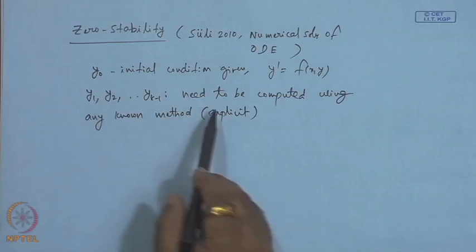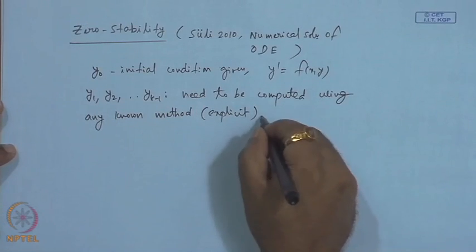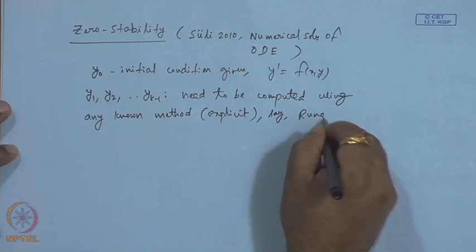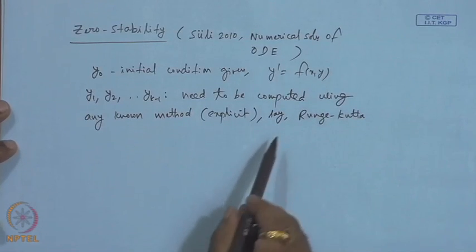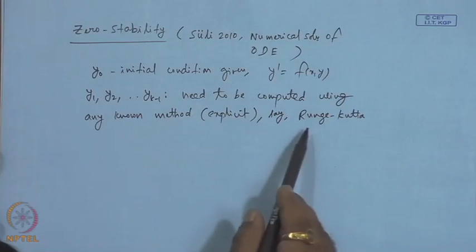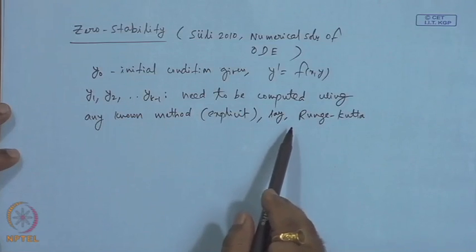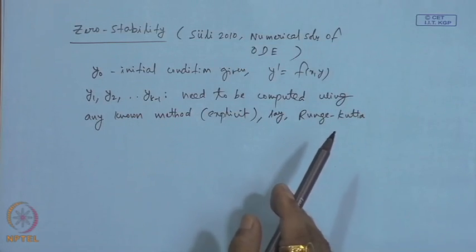So, this we have to compute using any known explicit method, say Runge-Kutta. What is the general strategy? One can compute using the Euler method, Taylor series, or Runge-Kutta. What is our ultimate aim? Our ultimate aim is to get as good a solution as possible, as accurate as possible.